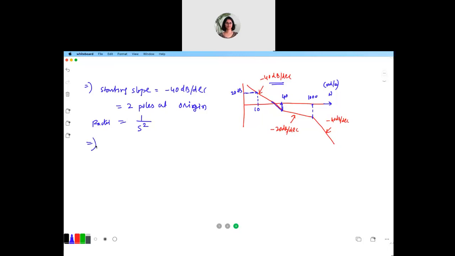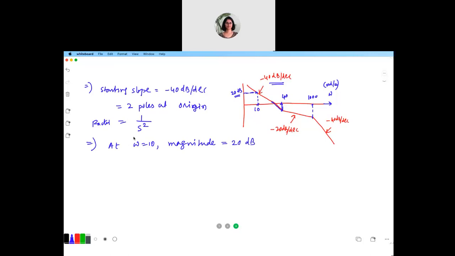What's the next step? Next step is to check what is the value of k. Now, to obtain that k, which magnitude do I know? I know at frequency 10, I have the magnitude as 20. So I can write at omega equal to 10, magnitude is 20 dB.